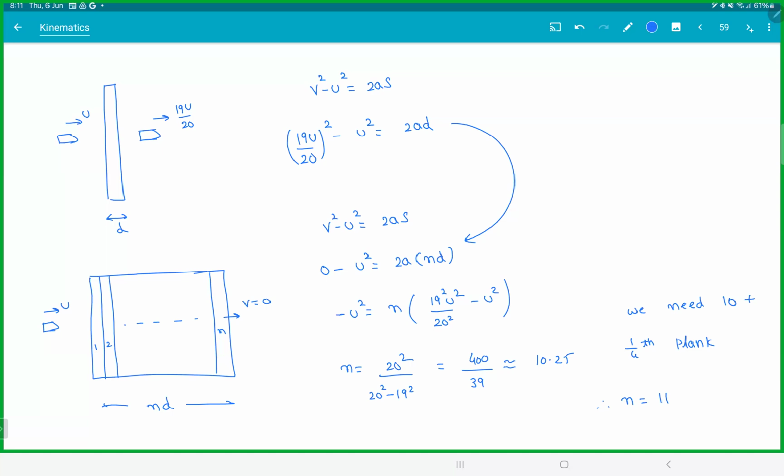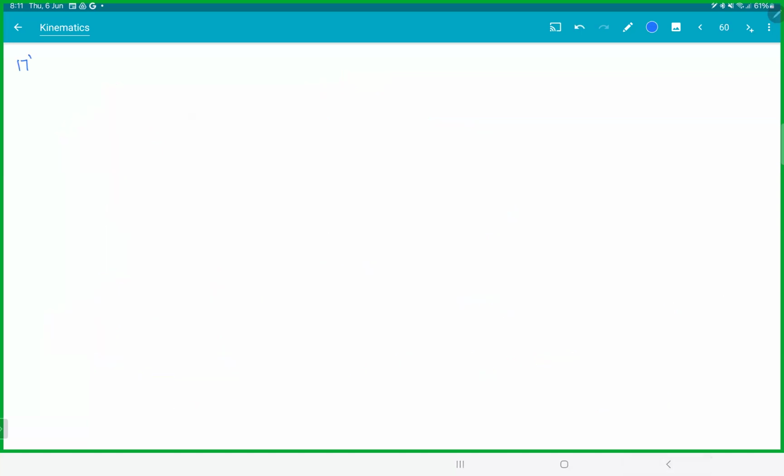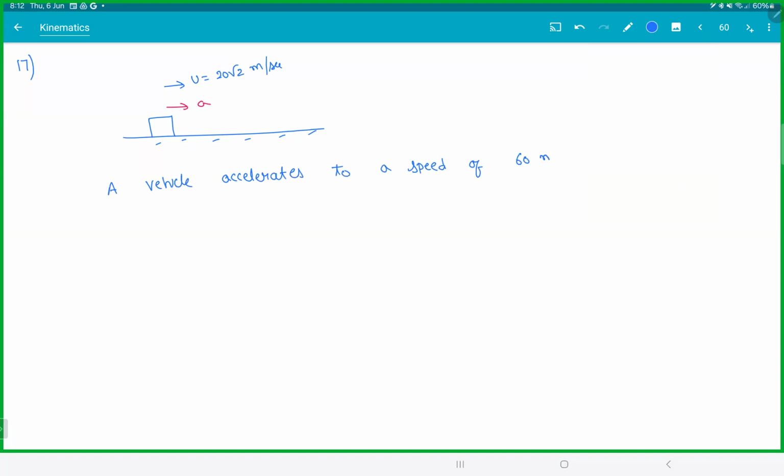Next one. We have a vehicle here whose speed is 20 root 2 meters per second initially, and you're accelerating with a. A is not given. So the vehicle accelerates to a speed of 60 meters per second.